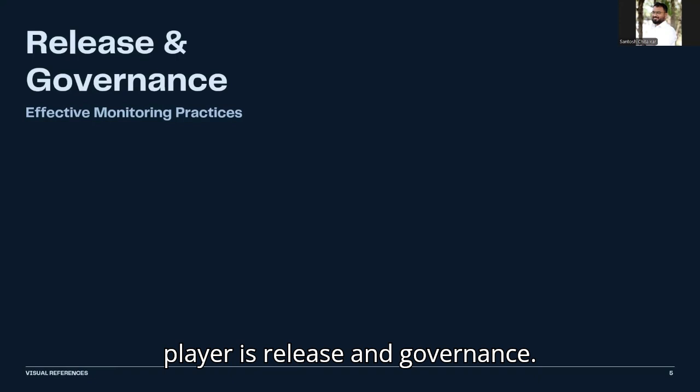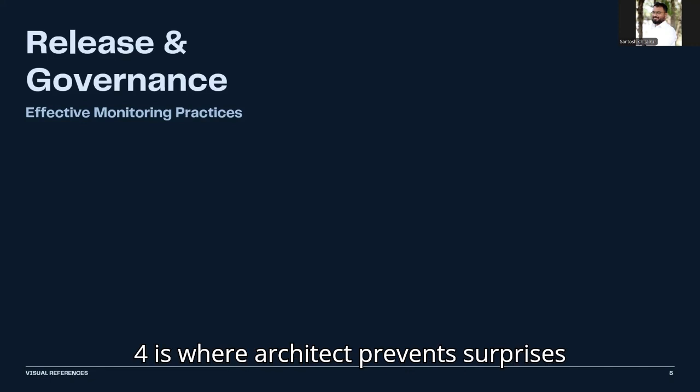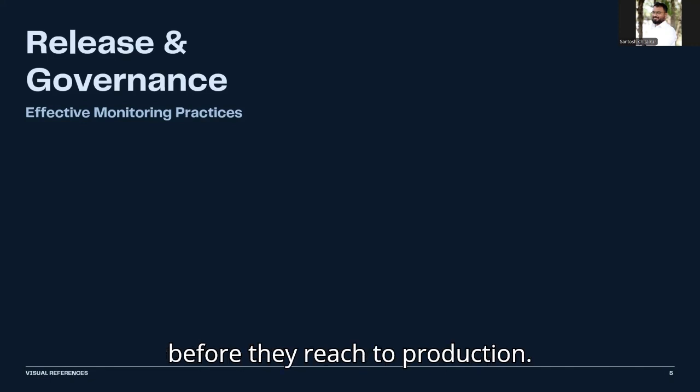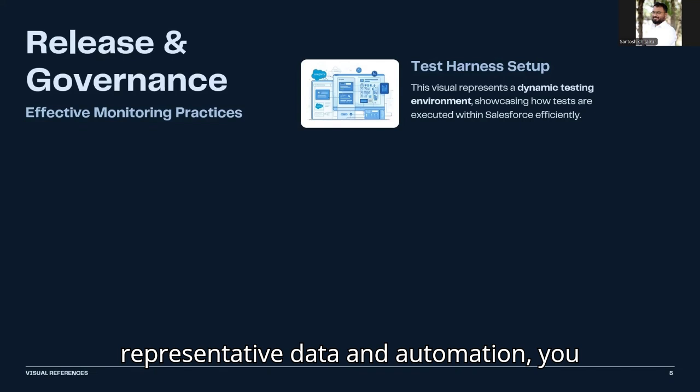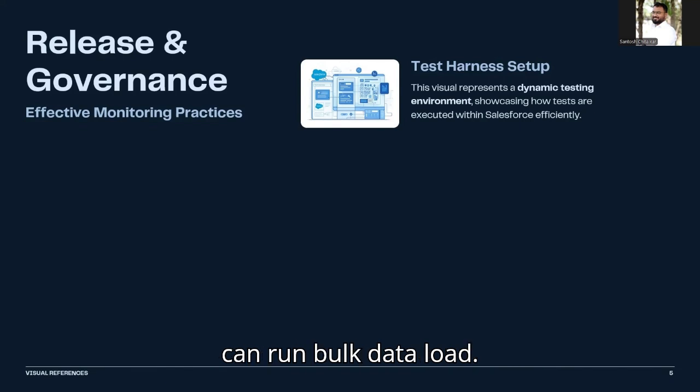Layer 4 is release and governance. It is important for effective monitoring practices. Layer 4 is where architects prevent surprises before they reach production. If your staging environment has representative data and automation, you can run bulk data loads.